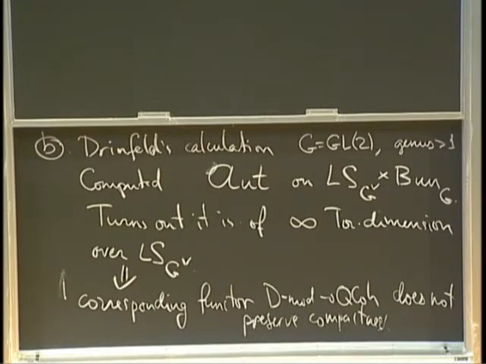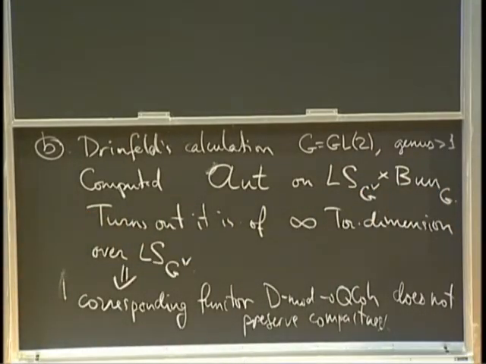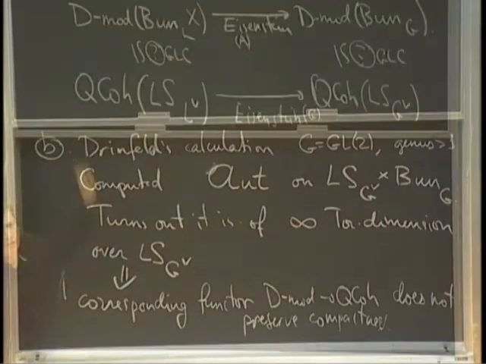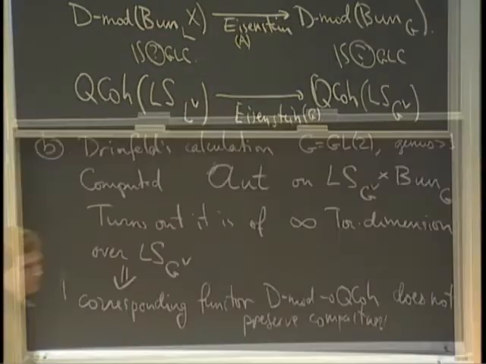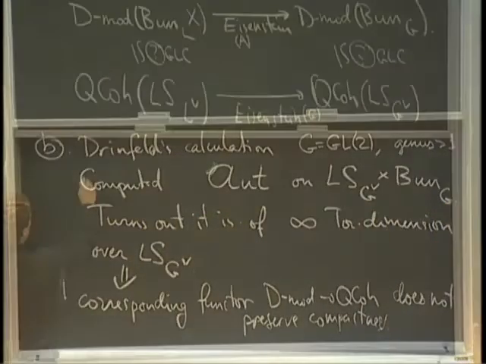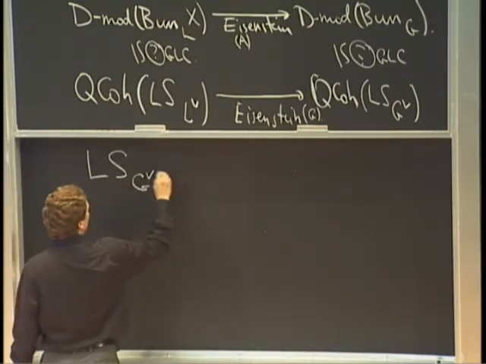All right. Now to summarize, there's a point behind all this which I was kind of curious if anybody was going to ask, but apparently everybody understands this. Somehow the root of all evil is that the stack of local systems is not smooth. So the real problem is that this LS is not smooth.